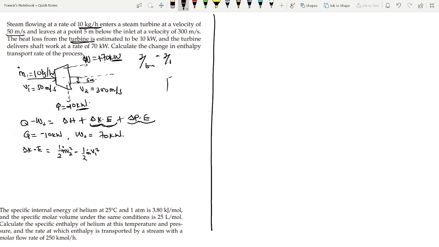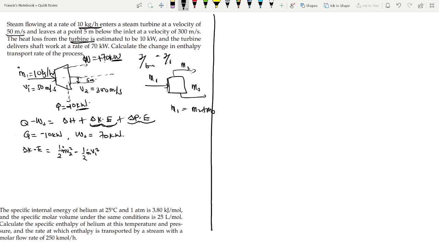The moment you have a turbine, the first thing you have to do is a material and energy balance. I didn't talk about the material balance because I know you did it in the previous semester. With the material balance, it means that all the streams entering and leaving should balance in mass flow. So if this is M1, M2, M3, then M1 is equal to M2 plus M3.